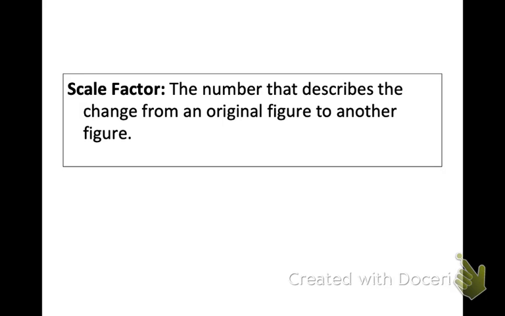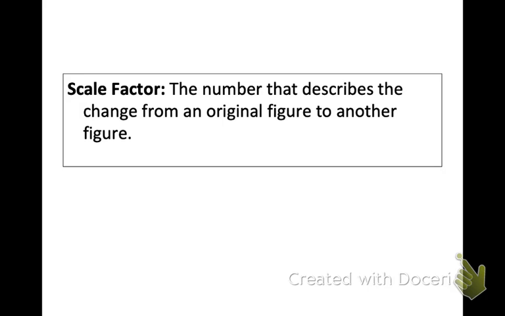So we're going from the original to the new figure. Original to the new, original to the new. When you set up your scale factor, you're pretty much setting up a ratio of the change from your original to another figure, or the new figure.